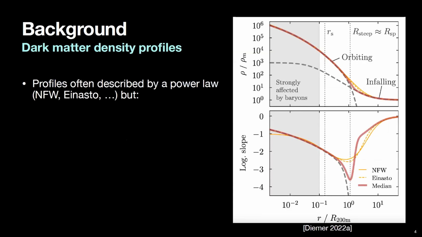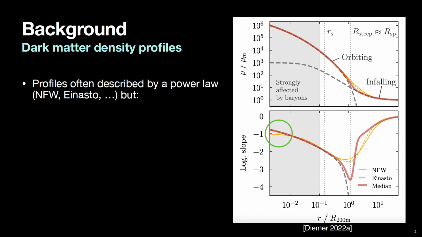And when we do run our numerical simulations, what we see usually from running cold dark matter only simulations, so without baryons, we see that the profiles can often be described quite well by power laws. So you've heard of the NFW or the Einasto profiles. And these profiles, the power law ones, are quite good at approximating the shape of the profile for most of the radial extent.